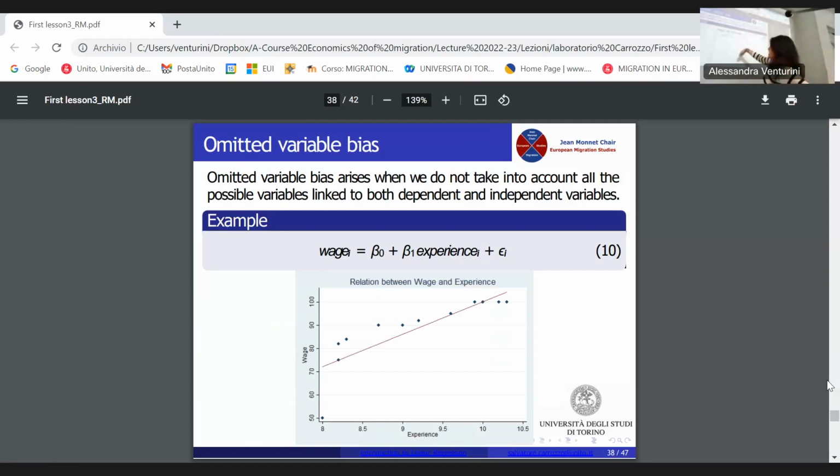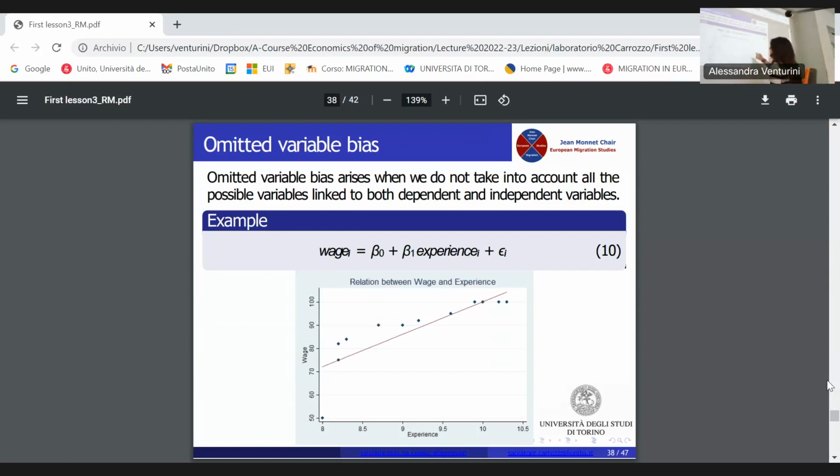For instance, we can see the relationship between the wage and the experience. Imagine that we cannot consider the age. So maybe this correlation is spurious, because something shows the level of education.